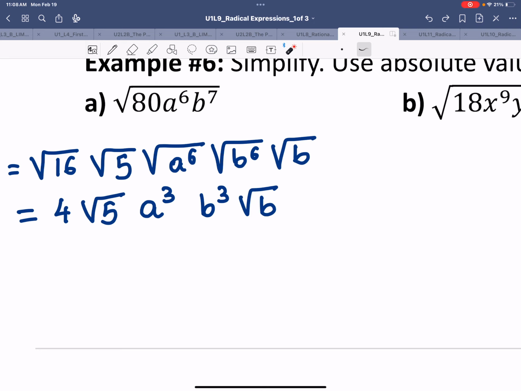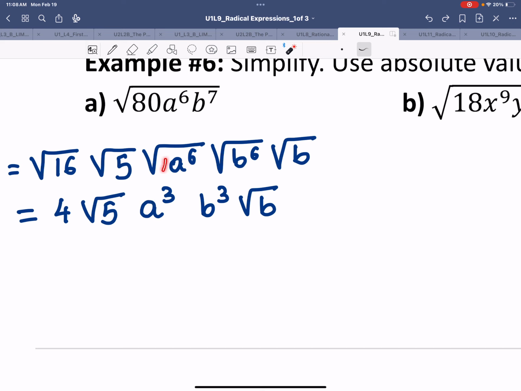So next, we are going to look into which terms deserve or need an absolute value, to make sure that they stay positive, and which ones don't. So for numbers, we don't have to worry. Now, a to the power of 3 came out of a to the power of 6. So when the power of a is odd, then if a is negative, there is a potential for this term to have a negative value.